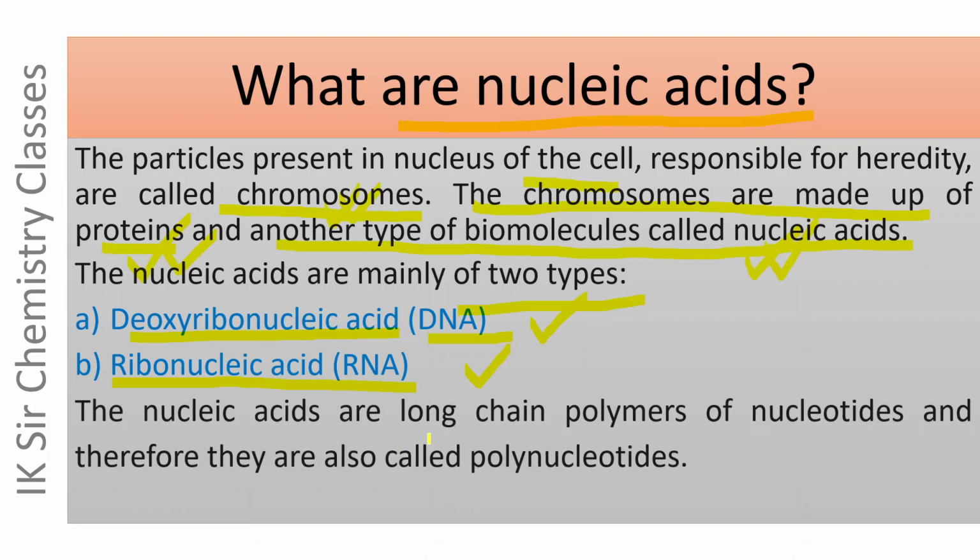The nucleic acids are long chain polymers of nucleotides, and therefore they are also called polynucleotides. It is obvious that nucleic acids are polymers whose monomers are nucleotides, and this is why nucleic acids are called polynucleotides.